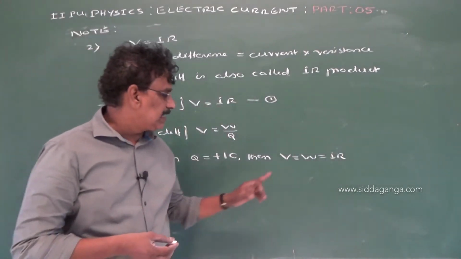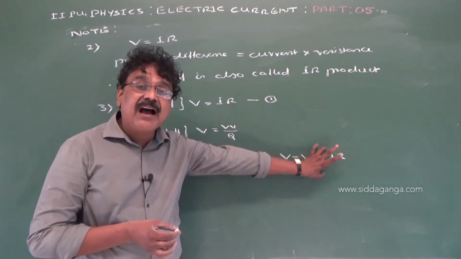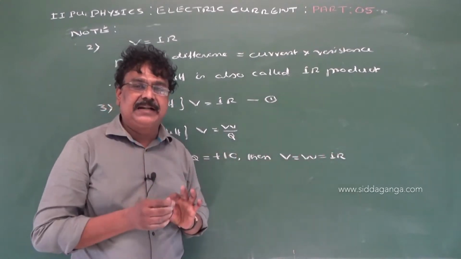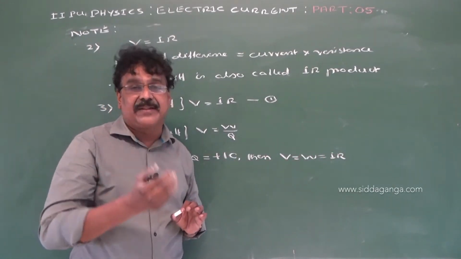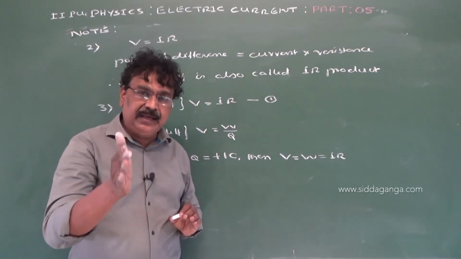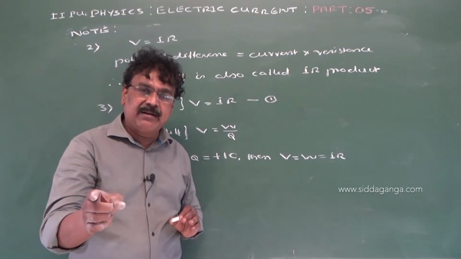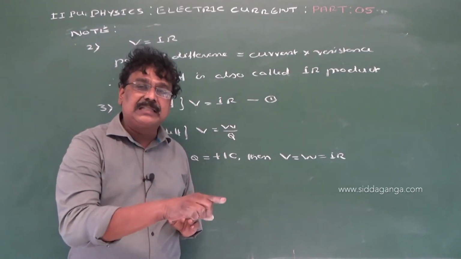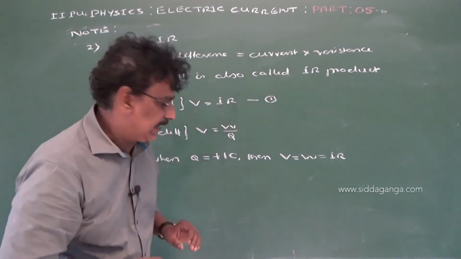Now, the significance of this potential difference or IR is that it represents the amount of work done in transferring 1 coulomb of charge from one end of the conductor to the other end of the conductor against the resistance of the conductor, right?